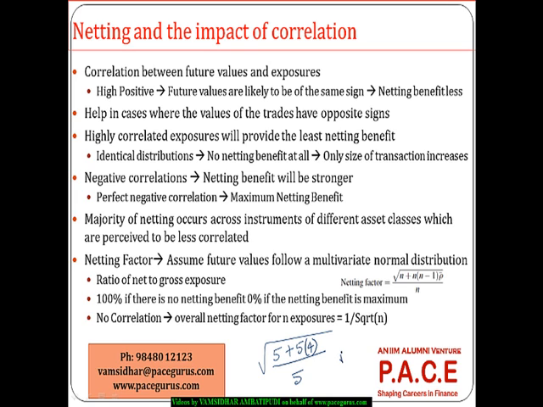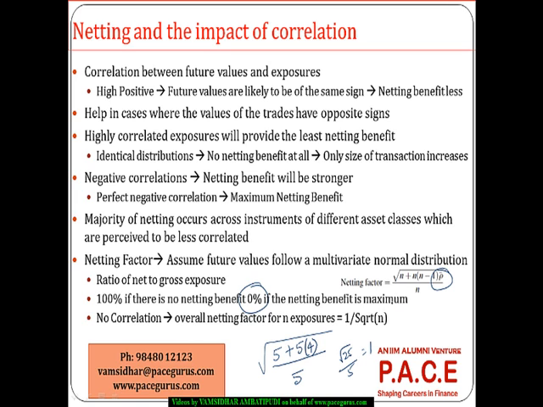So the numerator becomes square root of 25 divided by 5, which is 1. So the netting factor is 1, meaning net to gross, after netting by before netting, is 1. Both of them are one and the same, meaning there is no netting benefit. Netting benefit is 0 if there is a 100% correlation, if the correlation between the various asset classes is 1.